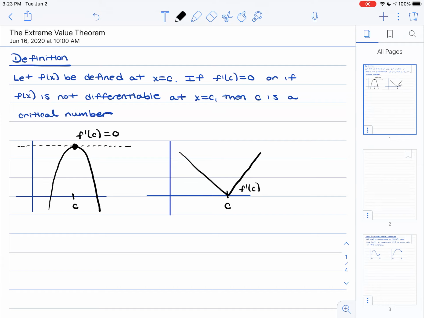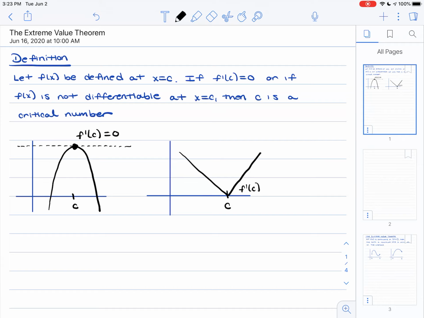So we're going to find the extrema on the closed interval. All right, let's start with f of x is equal to 3x to the 4th minus 4x cubed on the interval -1 to 2.